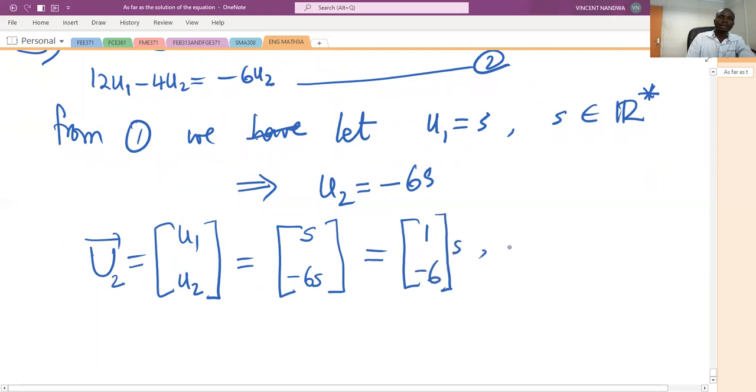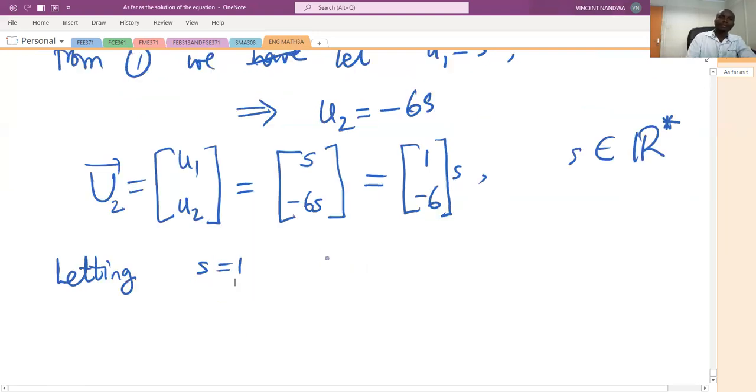S is a non-zero scalar. And then in particular, letting s be 1, this implies that our U2 will be the vector 1, minus 6.